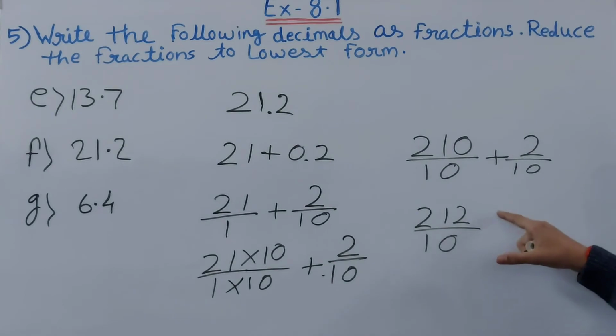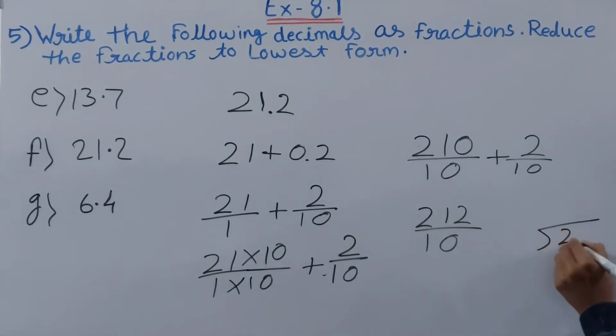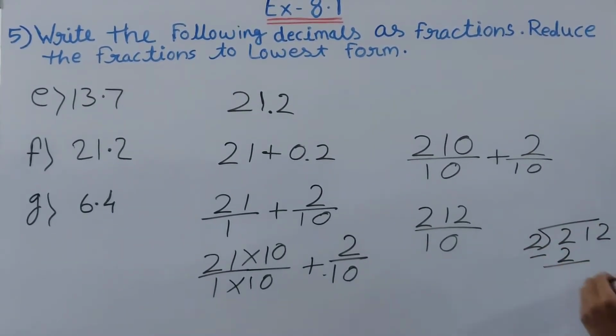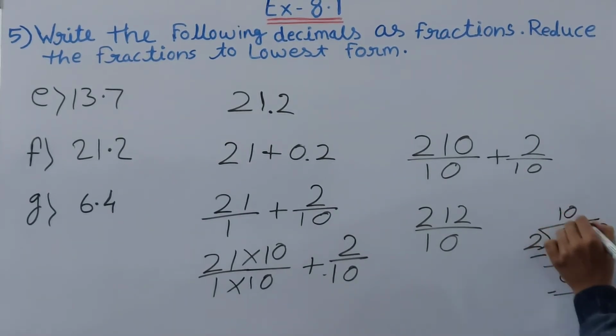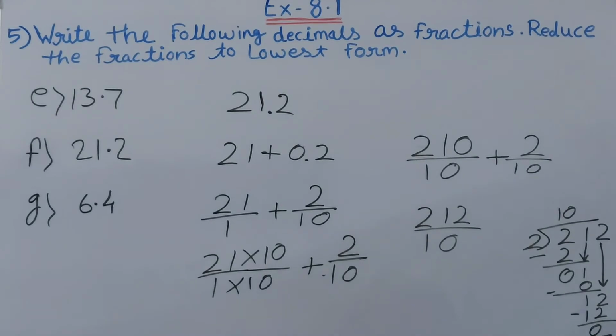Alright. Now look for a common divisor over here. So this is 212 and 10. So we will divide this by 2 and we will divide this by 2. So first let's divide this 212 by 2. We will take 2 from this. It goes 1 time, 0 left over here. 1 comes down. We will subtract 0, 1, and we will put a 0 over here also. And this is 12. So we will take 12 from this. So we will have 0 left, and 12 goes 6 times.